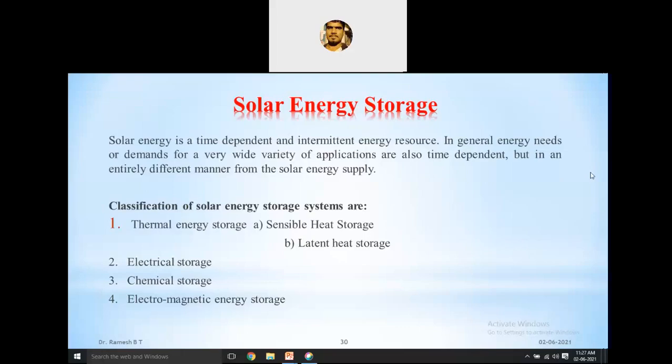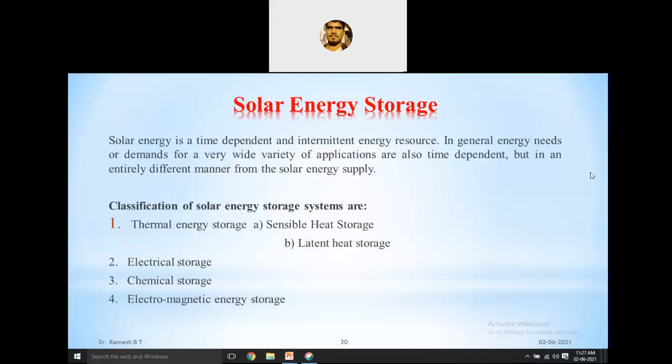Okay, so we cannot rely on it like conventional sources of energy such as coal and petroleum. But if we include a storage system, we can easily rely on it, because storage systems store the energy, the excess generation of energy is stored, and it will release it where the need is. That's why we can easily trust it.